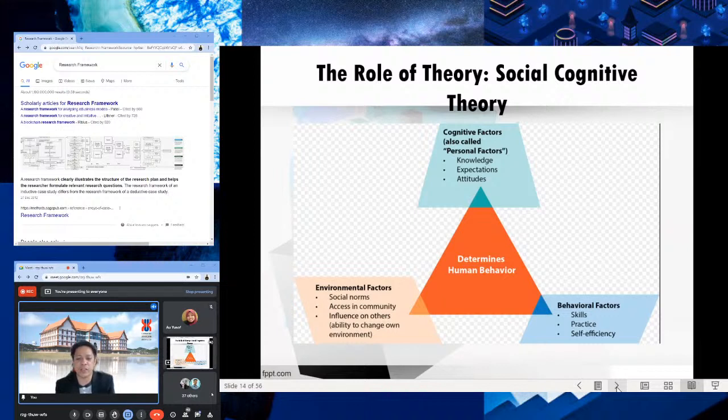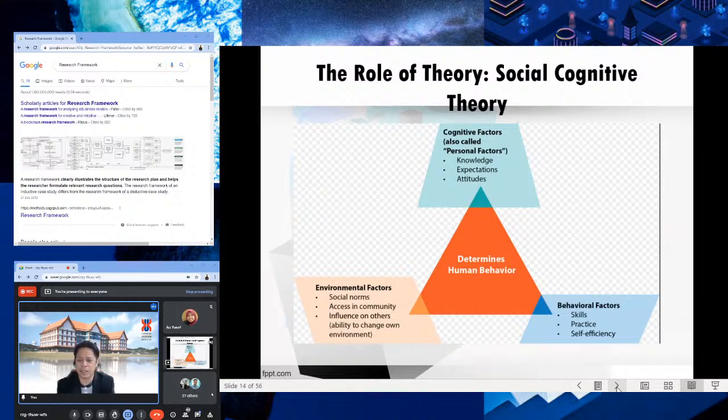When we focus on the behavioral factor, it is about action and skill, how we can project our behavior through skill practice and self-efficacy. If we are talking about the environmental factor, we look into the surroundings, our community, access to the community, how others influence, and also the environment.